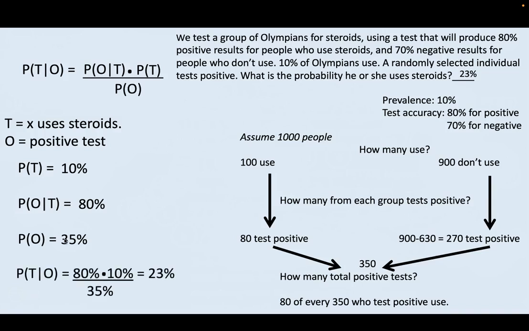So putting that together, you get 23%. Your 80% times your 10% divided by your 35%: your probability of your observation given your theory, times the probability of theory, divided by the probability of the observation. And in this case, 23% is the correct answer, given these starting points. So it all looks clean and beautiful. And it looks like this way to confirm, this way to assign a probability to a theory given an observation, is a great way to do it.